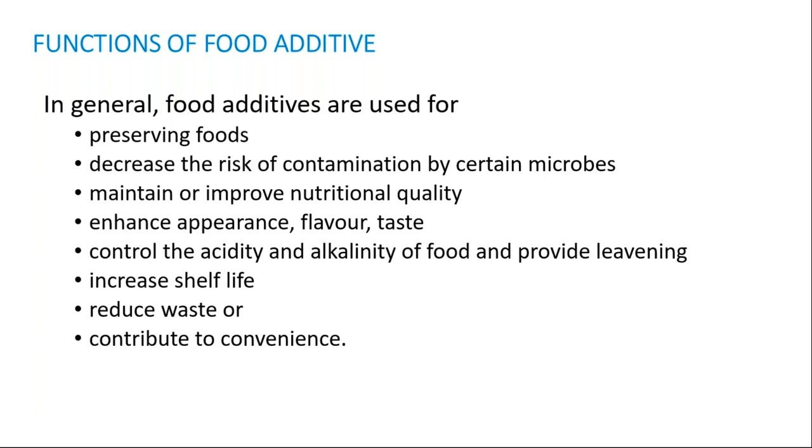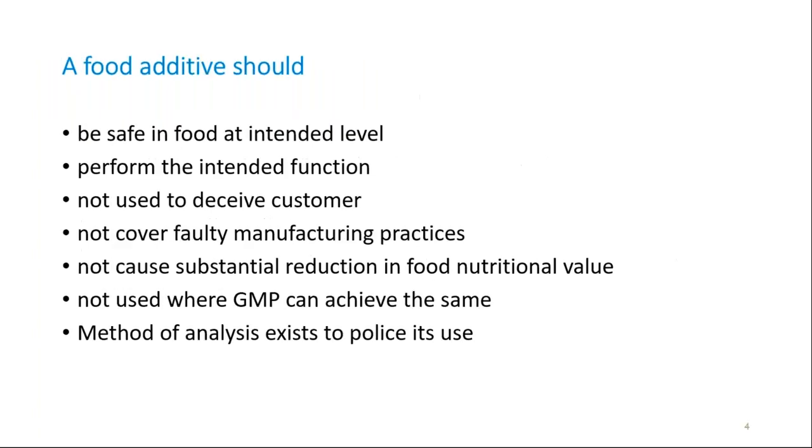It is added to enhance appearance, such as the nice colors that you see in foods. It is added to improve the flavor and the aroma. It is also added to improve the acidity or alkalinity of a food, the shelf life, and of course to contribute to convenience. The properties of a food additive are that at whatever level it is added to the food, it must be safe for humans.